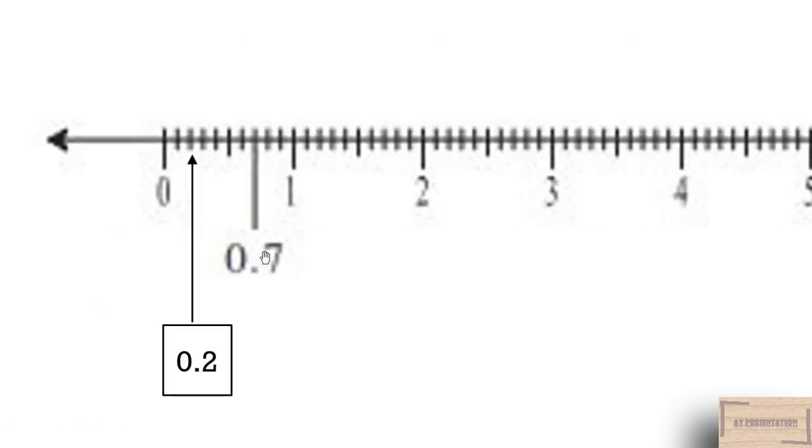Now check this place. Before this arrow, the complete number is 0, and then the marks 1, 2, 3, 4, 5, 6 and 7. So the complete number is 0, then the point, and the mark is 7. So 0.7.